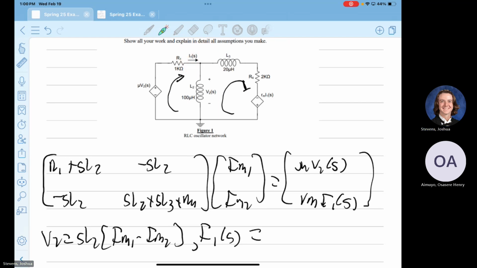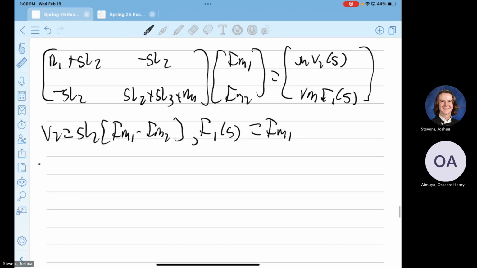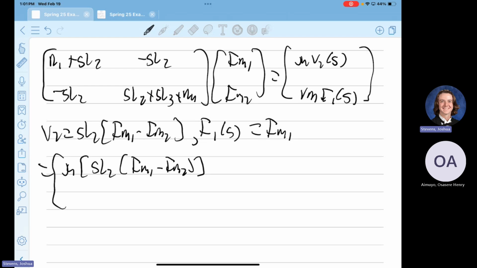Okay. M1. And it's just dependent sources, so we only have a dependent source matrix. That becomes mu times SL2, IM1 minus IM2. And on the bottom becomes RM, IM1.